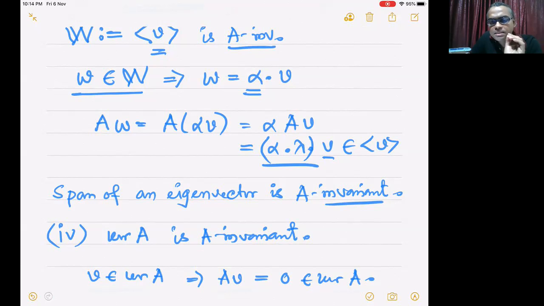The kernel of lambda I minus A contains all eigenvectors corresponding to the eigenvalue lambda, which is the same as the span of all linearly independent eigenvectors corresponding to a single eigenvalue lambda. So this space is going to be immensely important for us. That whole subspace, the kernel of lambda I minus A, is itself A invariant.